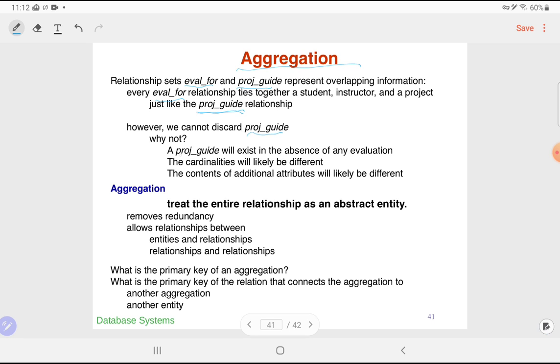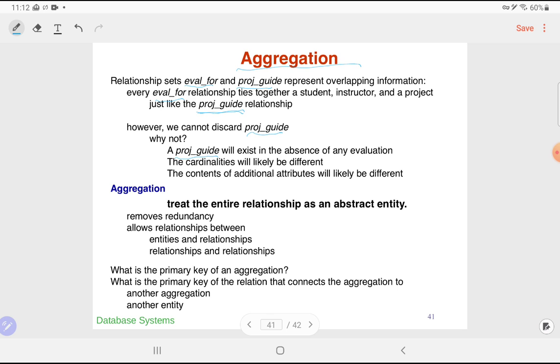Why not? Well, first of all, the project guide relationship exists in the absence of any evaluation. In fact, the project guidance relationship may simply be a declaration of the existence of the project between the instructor, the students involved, and the project.